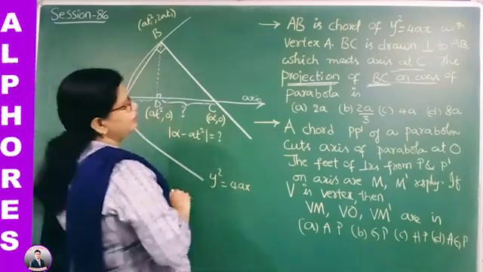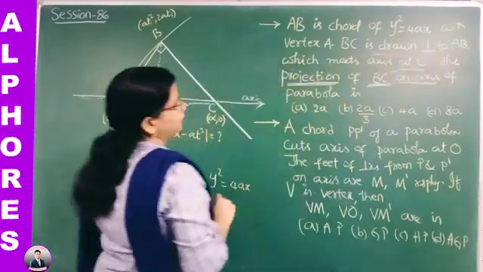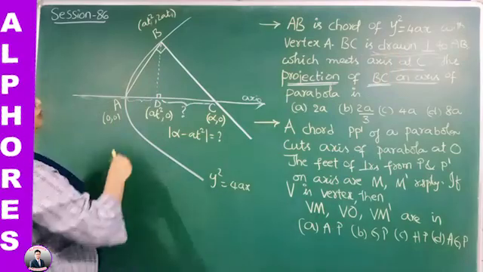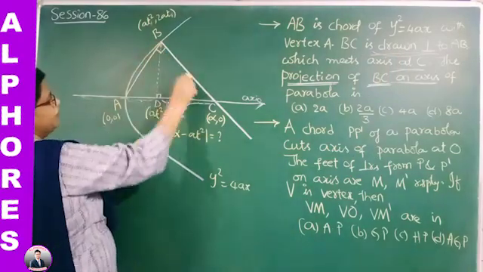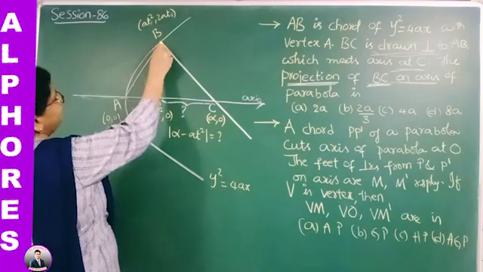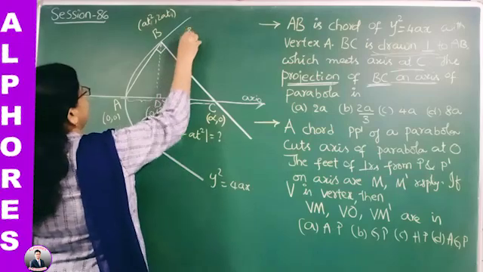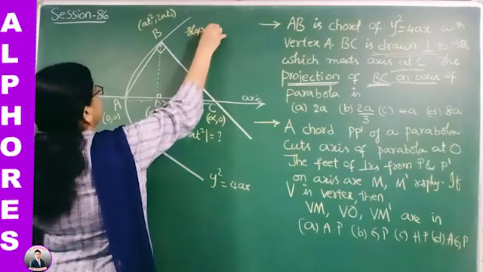It is given in the problem that BC is perpendicular to AB, so we must make use of that concept. If you take the slope of BC and the slope of AB, their product is -1.